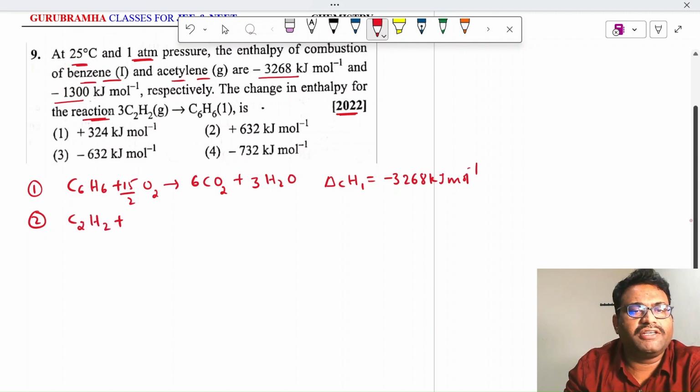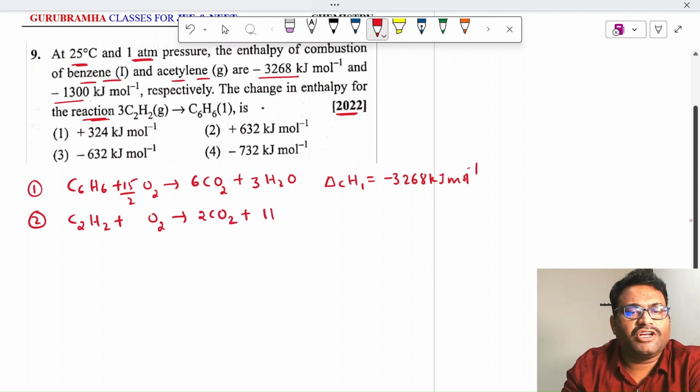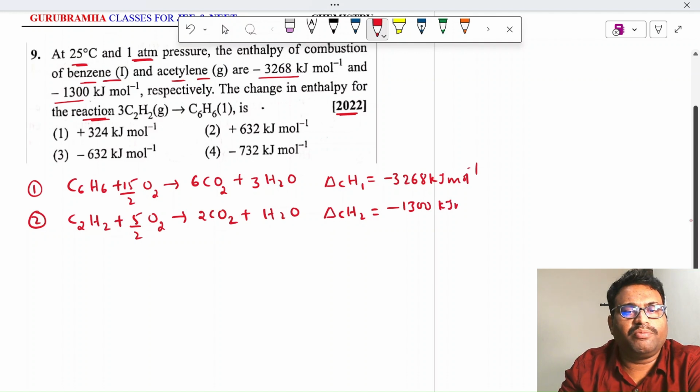C2H2 plus O2 gives 2CO2 plus H2O. Oxygens 4, 1, 5 on the product side. So I can write 5 by 2. Delta H2 is equal to minus 1300 kilojoule per mole, right?